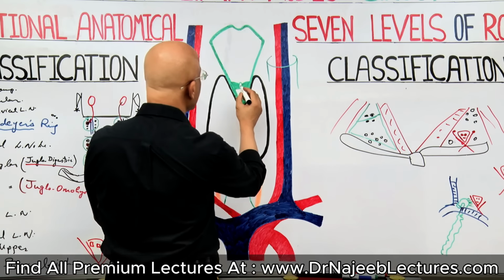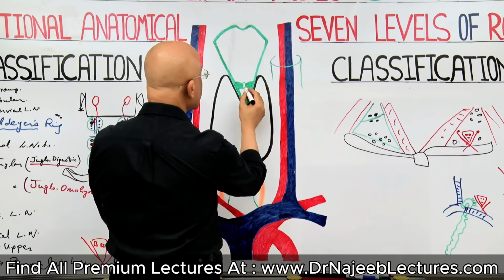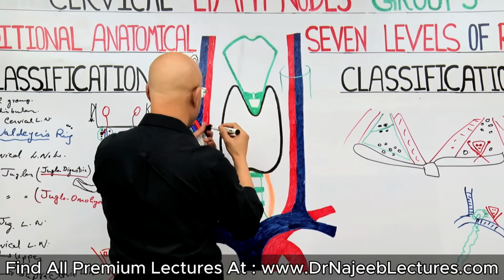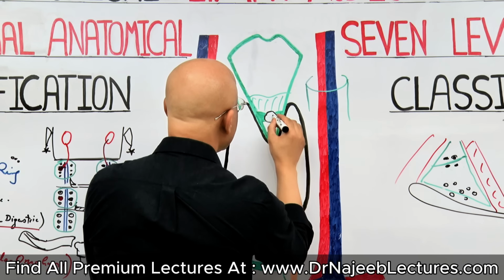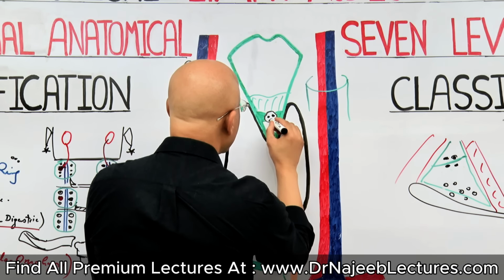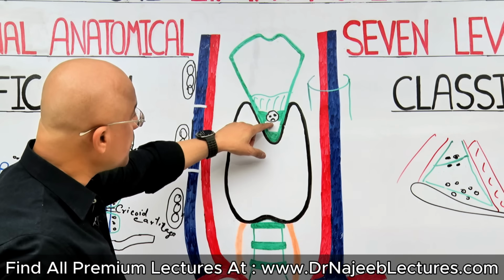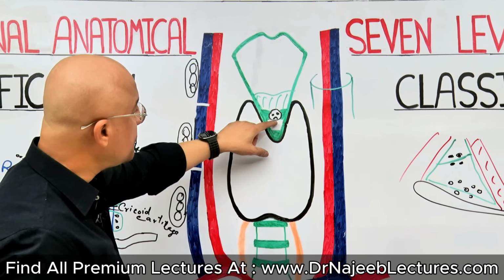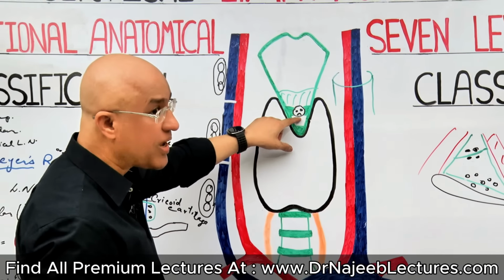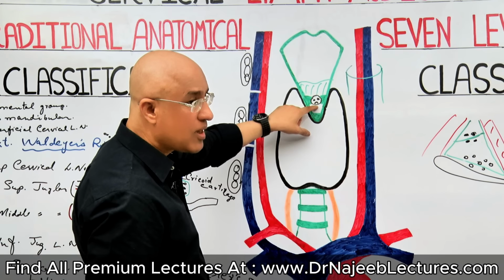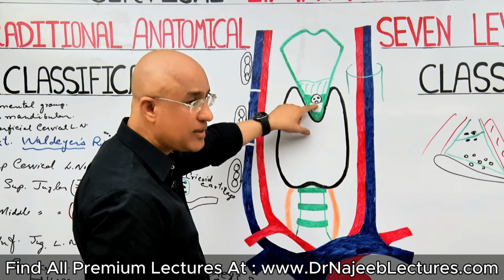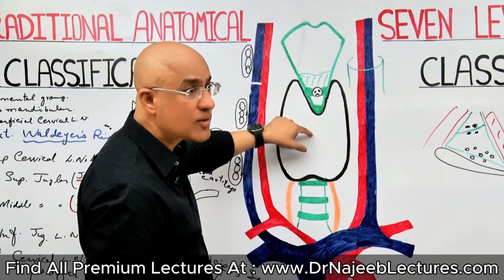Now this central group of lymph nodes has one lymph node or one group of lymph nodes just in front of the cricoid cartilage, right? Suppose here was your larynx, and this is the cricothyroid membrane, and just in front of the cricoid cartilage, this lymph node, if it gets enlarged, painless, firm and hard or fixed, we think of thyroid cancer, right?